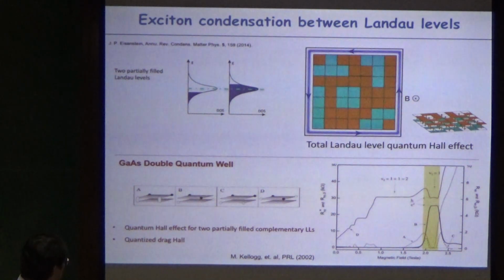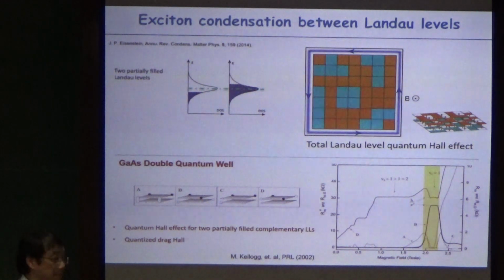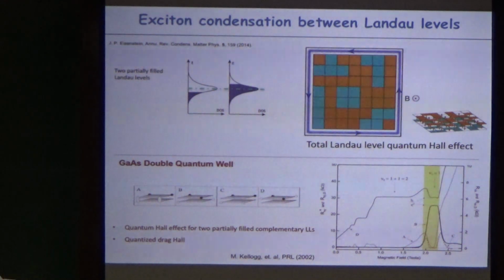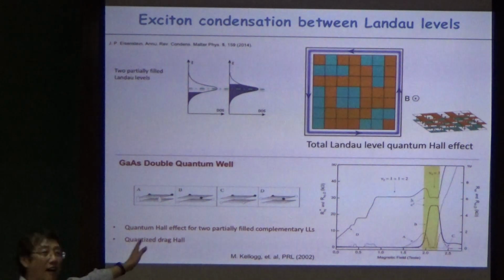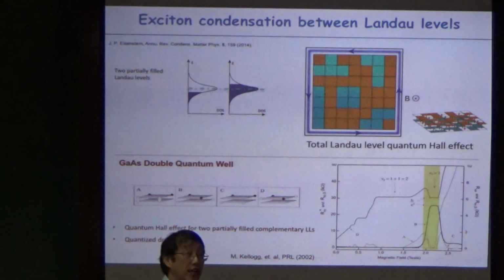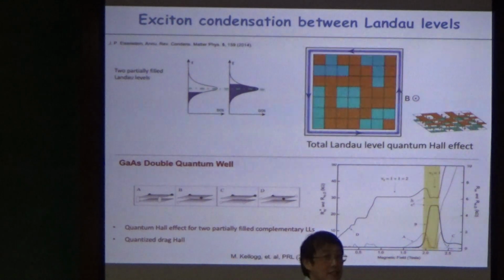That has been measured in quantum Hall bilayer systems, and that is one of the evidence that indeed we can create those kind of correlated states between the electron and hole in the top and bottom layers, and one can view it as exciton condensation, or more precisely magnetic exciton condensation, right? So this has been physics already known for the past 20 years, maybe close to 30 years now.